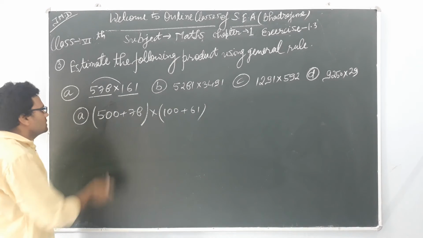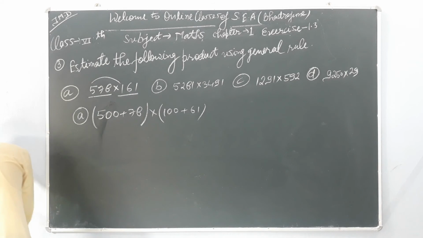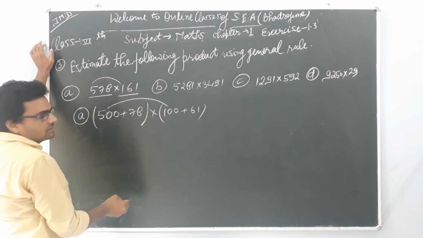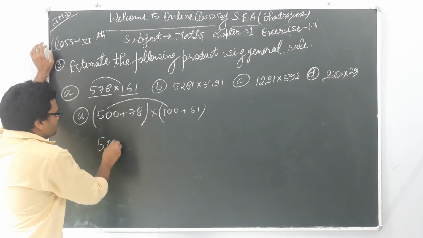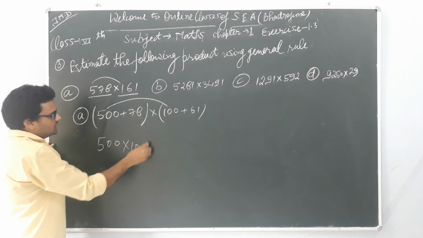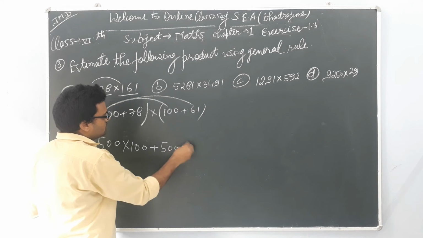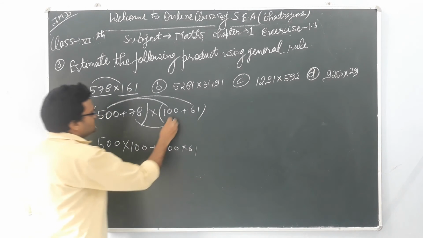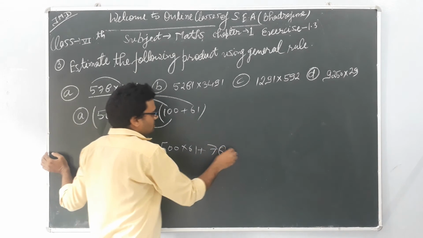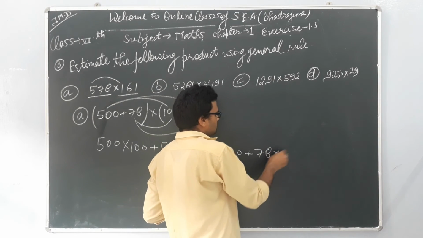Okay, and further now if we will multiply, then what we will get is, we will first multiply 500 by 100, then what we will get is 500 into 100 plus, when 500 is multiplied with 61, then what we will get is 500 into 61, and after that when 78 is multiplied with 100, then what we will get is 7800 plus, when 78 is multiplied with 61, then what we will get is 78 into 61.